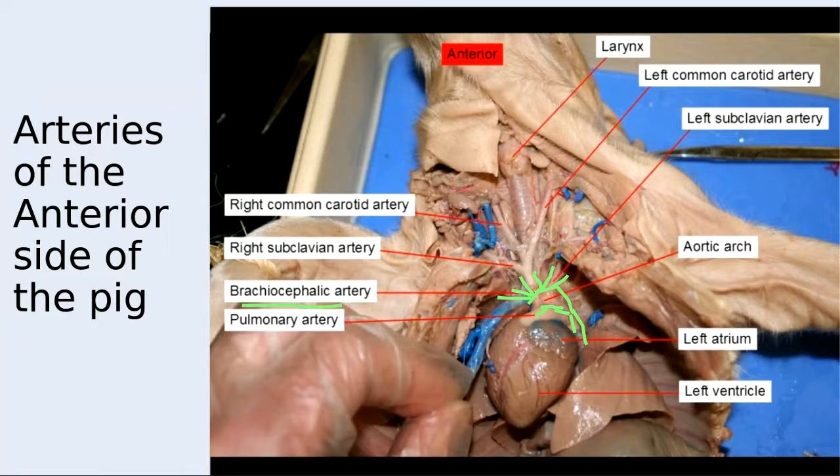You have the right subclavian, the left subclavian, and then the carotid. Okay. Here's the larynx, and here's the trachea. Remember the trachea, the cartilaginous rings?